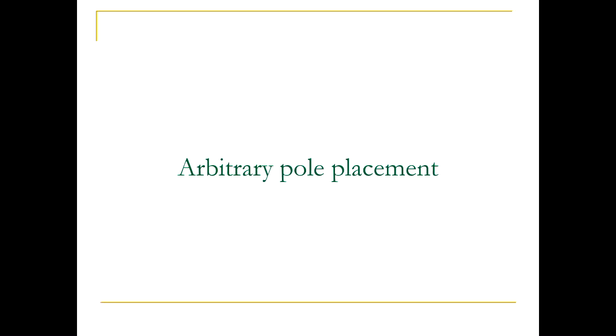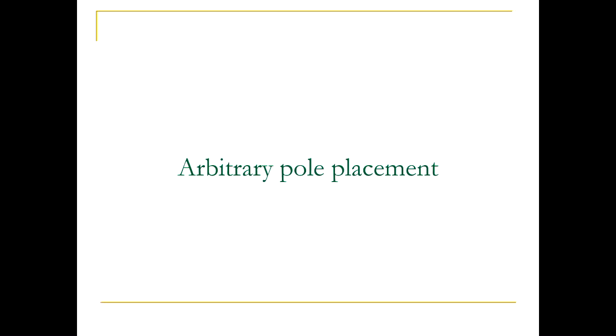All right, so what we've done, we discussed several different methods for picking the desired closed loop locations of poles. And now we want to talk about how to design a controller that places closed loop poles in those locations, right?